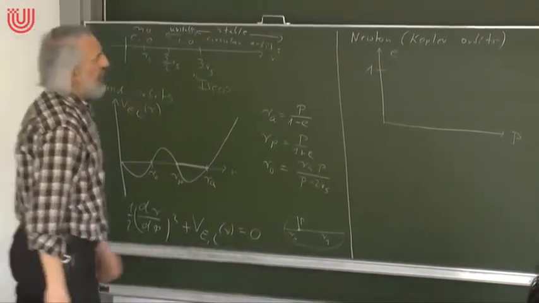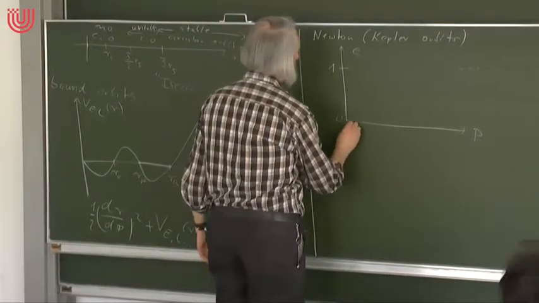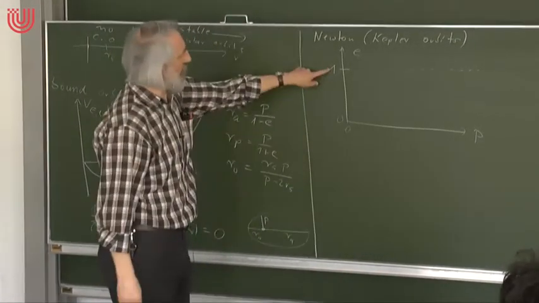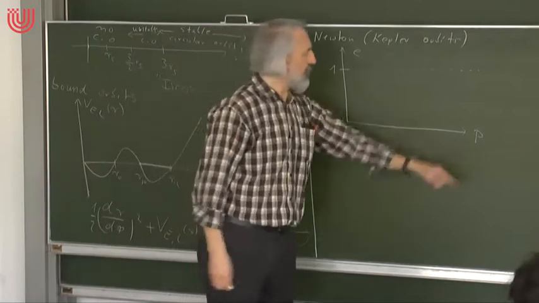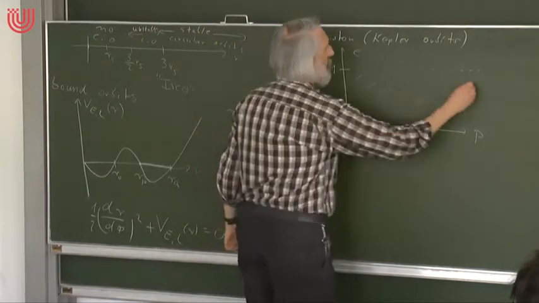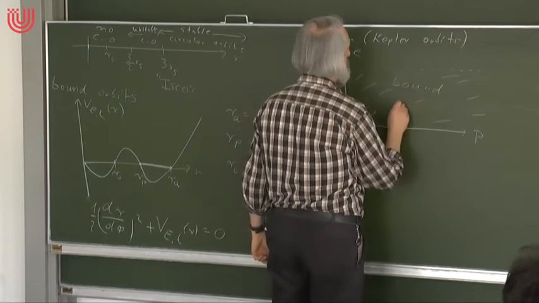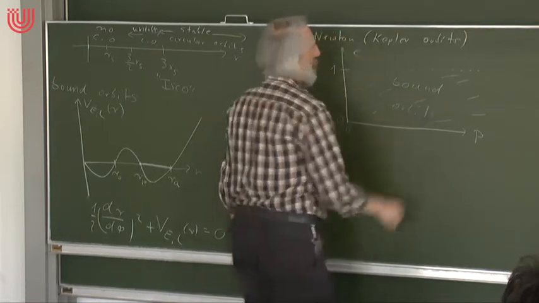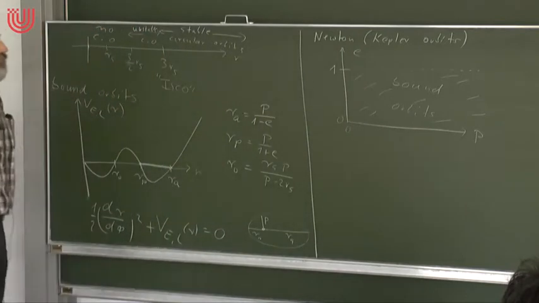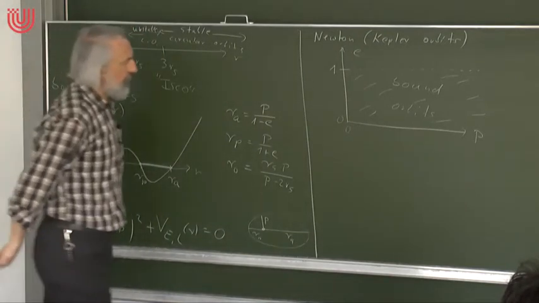All values between 0 and 1 for e, and between 0 and infinity for p are allowed. So this whole rectangle is where we have bound orbits in the Newtonian theory, for motion in the Kepler potential.